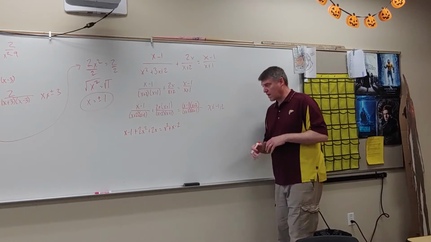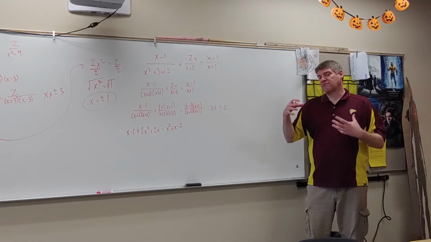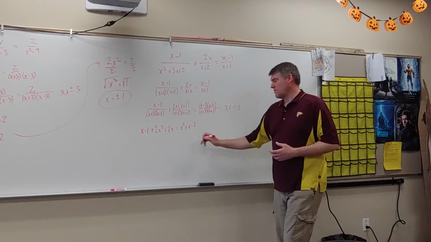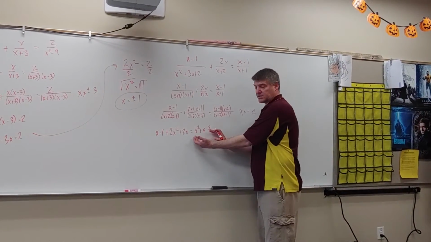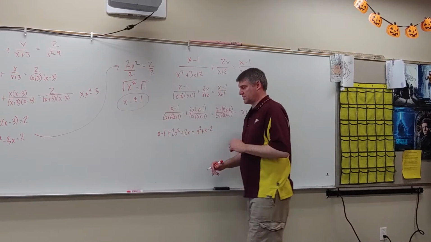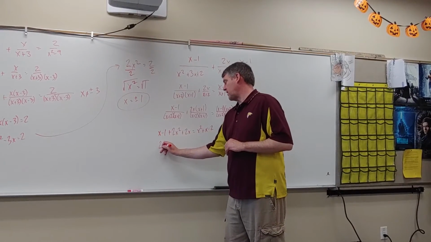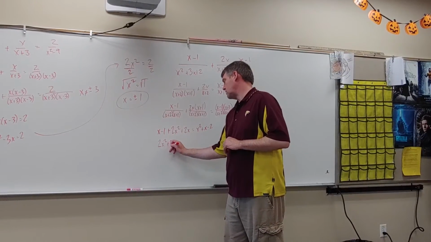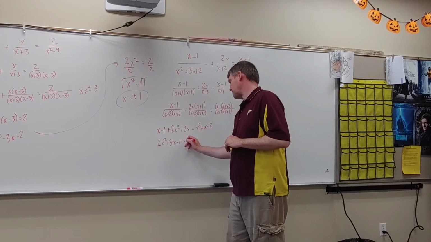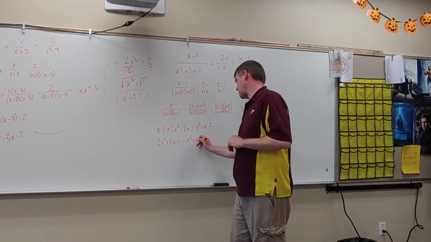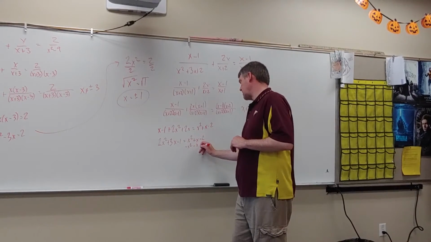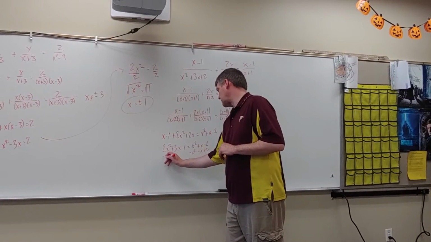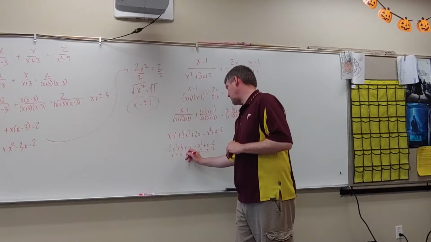What I'm going to do is get everything on one side. I'm going to bring my x squared plus x minus 2 over to the other side. I'm going to subtract off my x squared and my x, and add my 2, so minus x squared minus x plus 2.